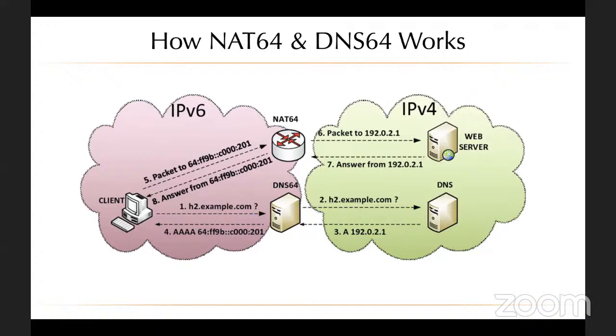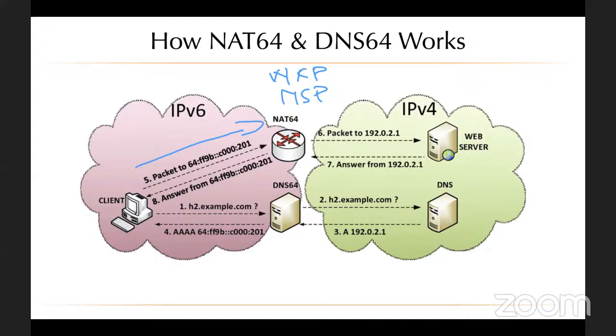So the client has a destination v6 address, sends the packet to the NAT64 device. So remember, the well-known prefix or the network-specific prefix configured in the DNS64 server should be the same as what is configured on the NAT64 server, right?